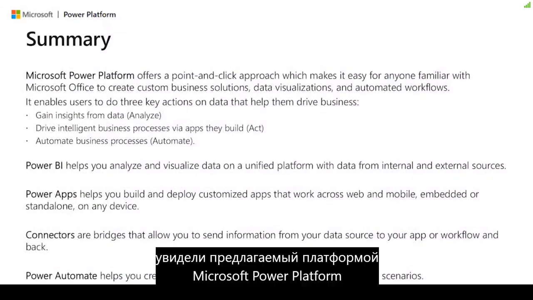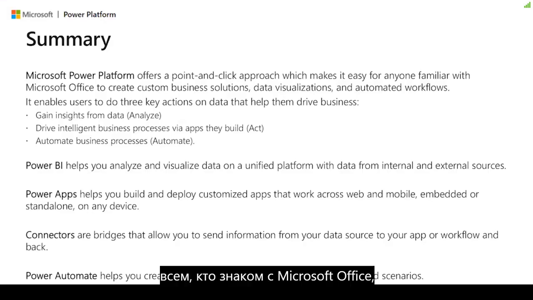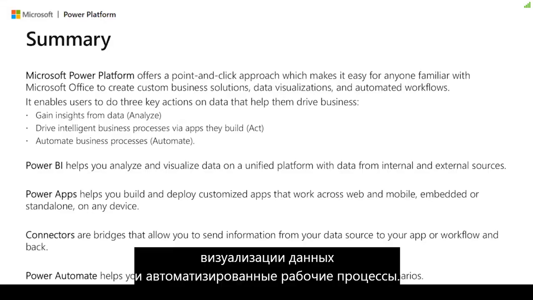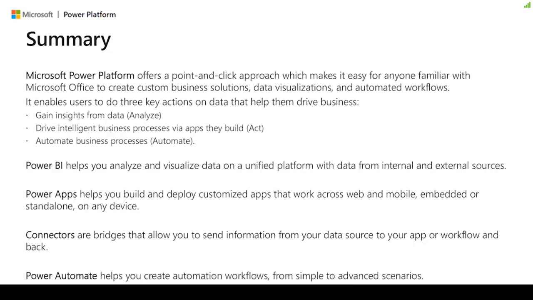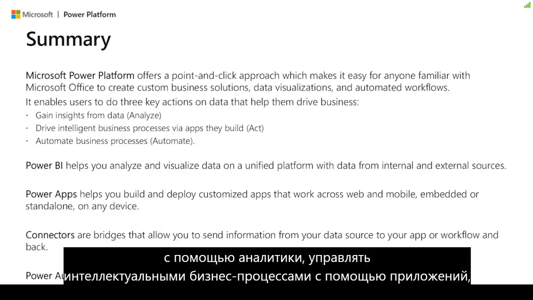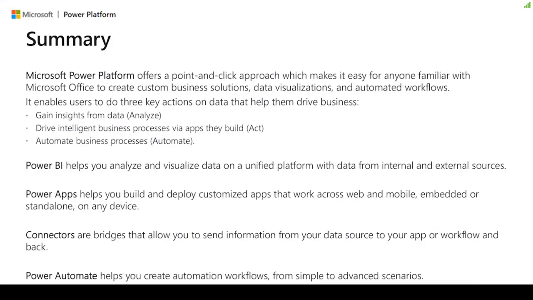So in summary, you saw how the Microsoft Power Platform offers you a point-and-click approach which makes it easy for anyone familiar with Microsoft Office to create custom business solutions, data visualizations, and automated workflows. It enables users to do 3 key actions on data that helps them drive business by gaining insight, driving intelligent business processes with apps, and also automating business processes.